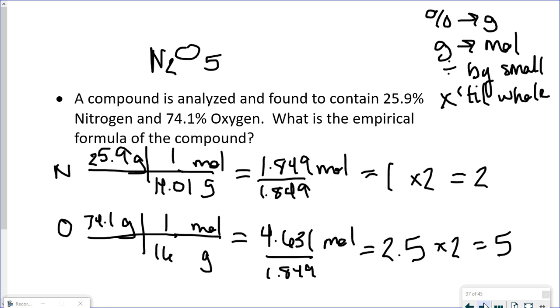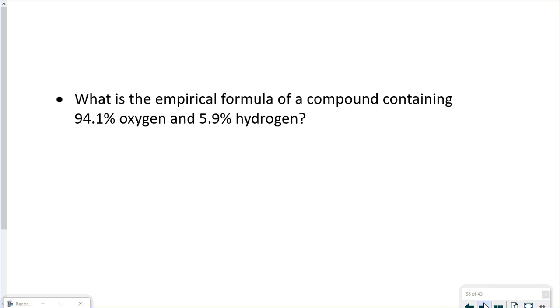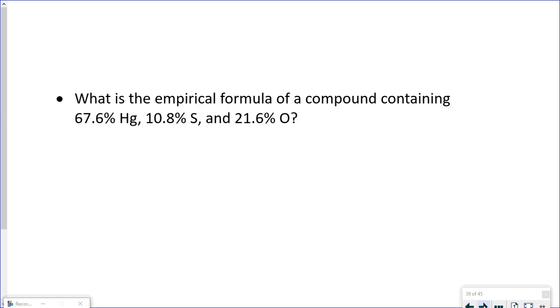Let's look at another problem. Let me see if I have another one. Yes. Let's look at this one. It has 3 substances, but we can treat it the same.